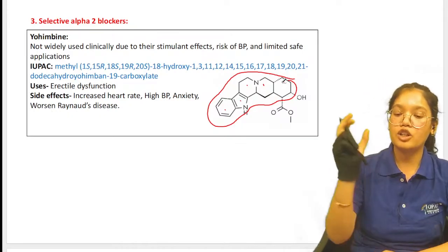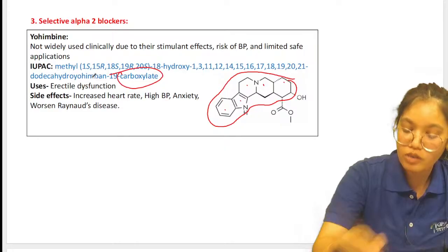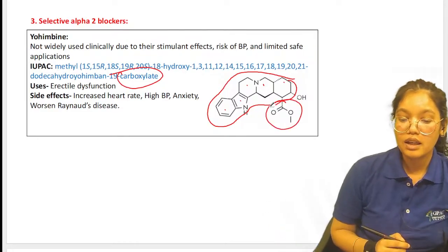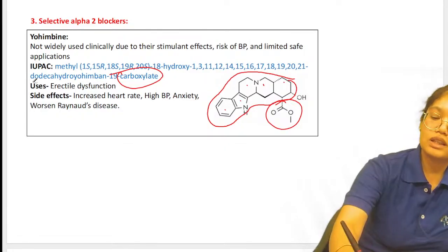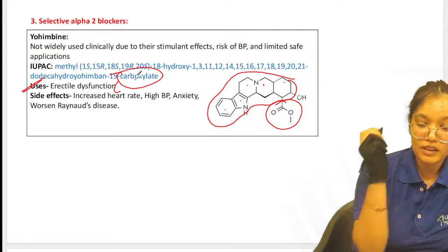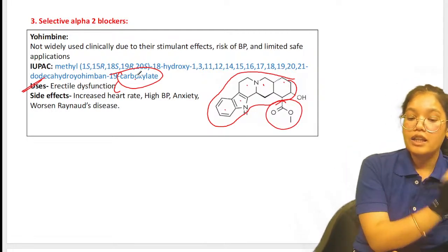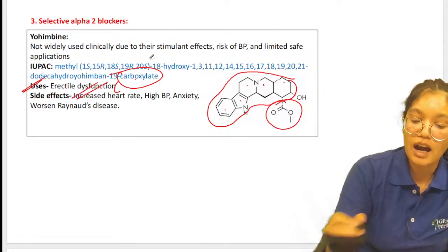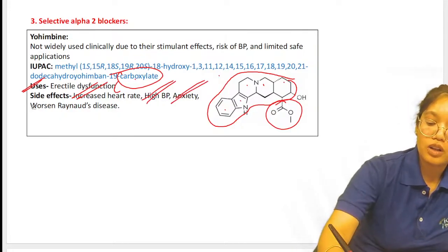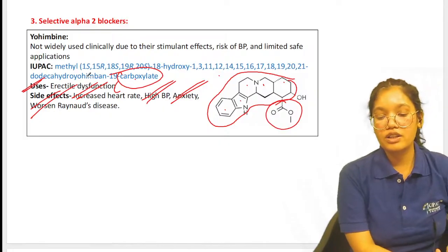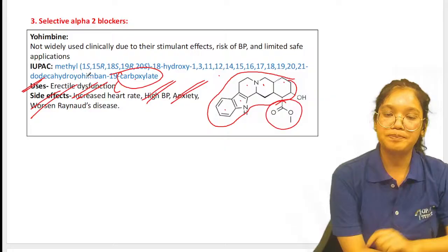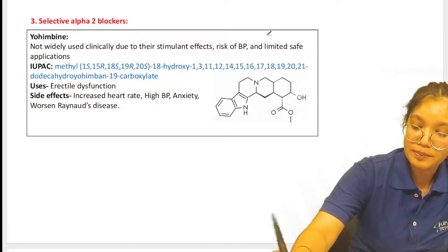So it has a yohimban ring along with the carboxylate group here. Okay, so this is yohimbine. Uses, already told that it has a traditional use in erectile dysfunction. Then the side effects: increased heart rate, high BP, anxiety. Okay, it can also cause worsening of Raynaud's disease. Okay, clear?